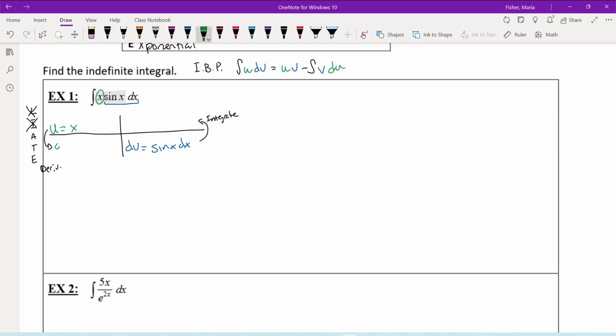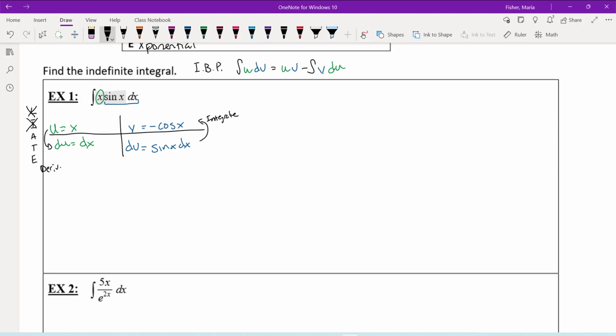Now let's find du. Well, if u is equal to x, the derivative of x is 1 dx. Now let's integrate. If dv is equal to the sine of x dx, if I integrate the sine of x, I end up with negative cosine of x.